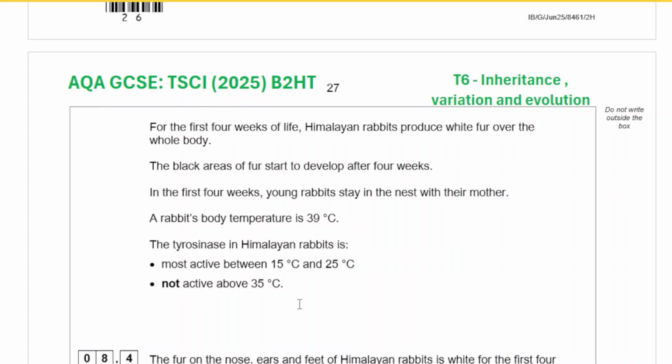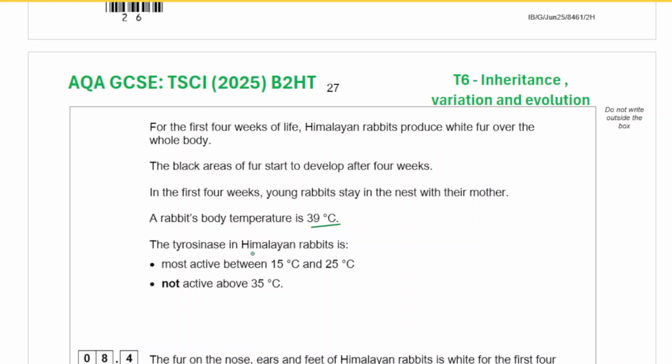For the first 4 weeks of life, Himalayan rabbits produce white fur over the whole body. The black areas of fur start to develop after 4 weeks. In the first 4 weeks, young rabbits stay in the nest with their mother. A rabbit's body temperature is 39 degrees Celsius.